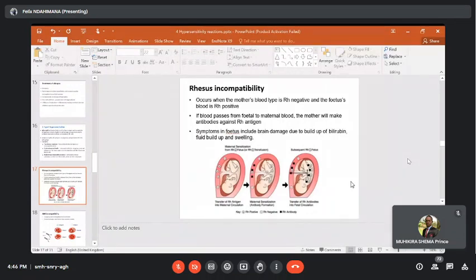If she gets pregnant for the second time with a baby who is again Rhesus positive, now there will be a lot of problems because there will already be enough antibodies in the circulation of the mother that might cross the placenta and cause problems for the baby. This is just in Rhesus incompatibility. So this is also classified under type 2 hypersensitivity.